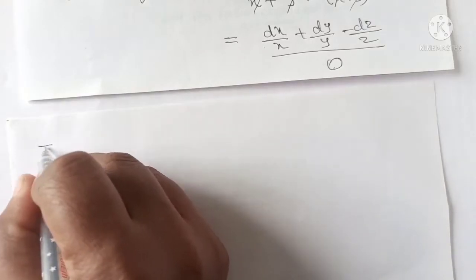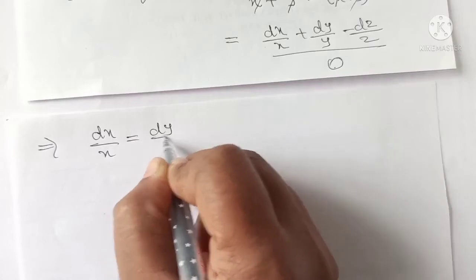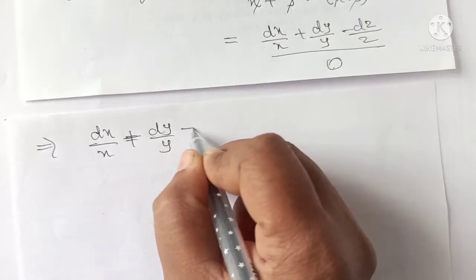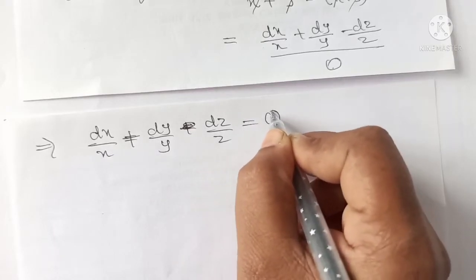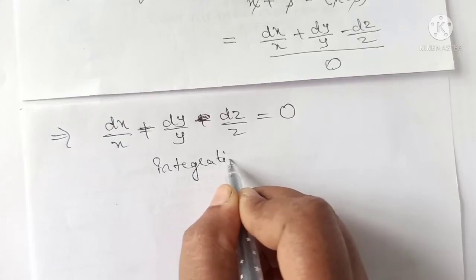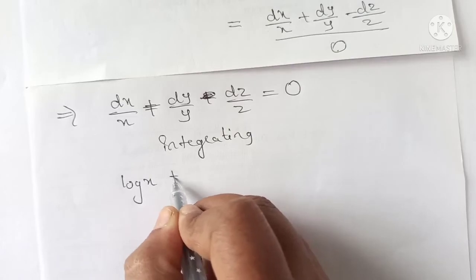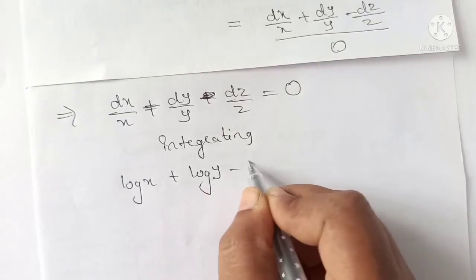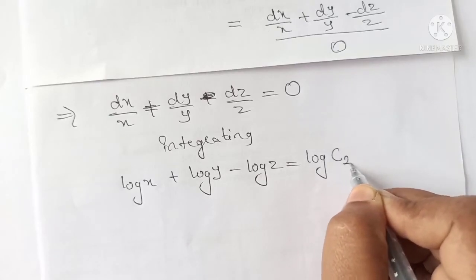It implies that dx by x plus dy by y minus dz by z equals 0. Now integrating, we get log x plus log y minus log z equals log c2.